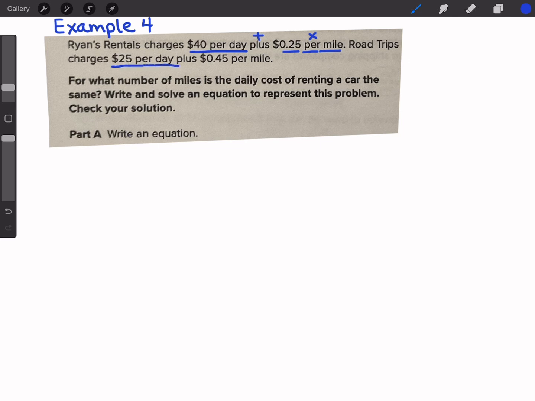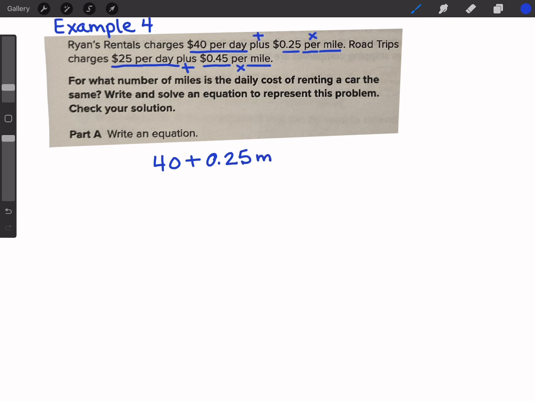And I know that I'm going to be multiplying by my miles. The next one is $25 per day plus 45 cents per mile. Again, I'm going to be multiplying by the miles. We need to see when they are the same cost. So we're going to set these equations equal to one another, and then we will solve.